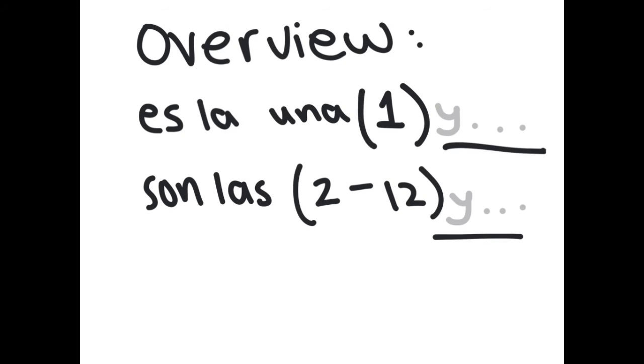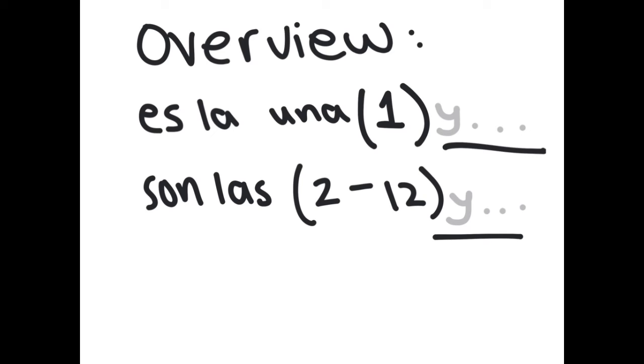So an overview is that if you're trying to say it's 1 o'clock, you always start with es la una, and then if you're trying to say a specific time, like 1:15, it would be es la una y cuarto, as that is a specific case. If you're trying to say 1:17, then it would be es la una y 17, because the y, and then you follow the number of minutes.